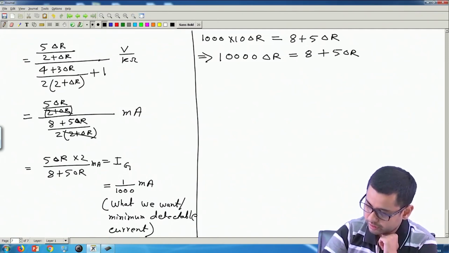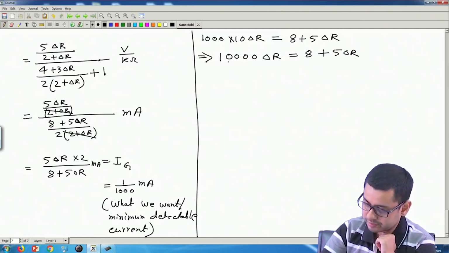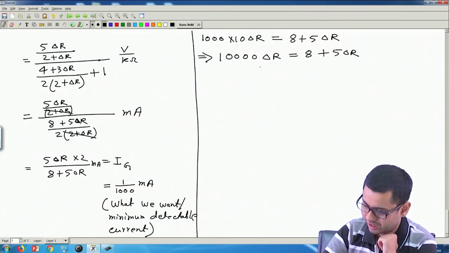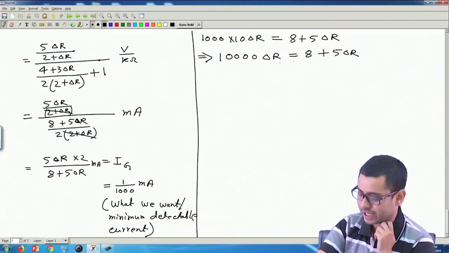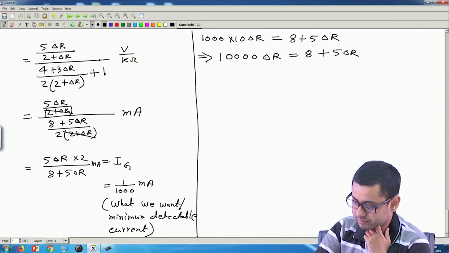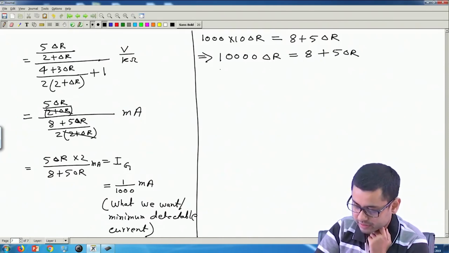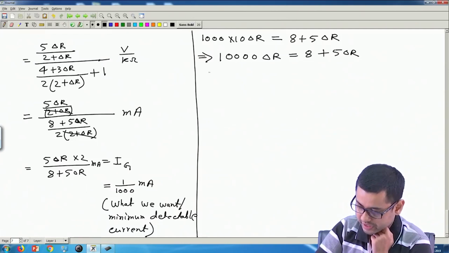Now this 5 delta R is much smaller than 10,000 delta R. You can put the exact value and find the value of delta R using a calculator, but let me do it with an approximation, because I do not have a calculator.